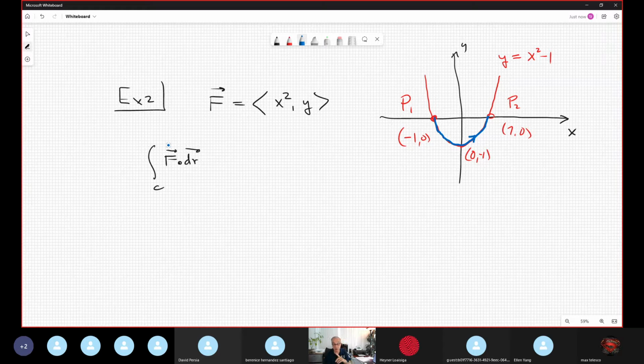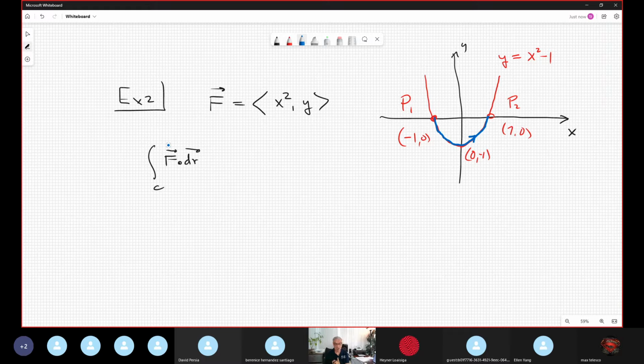If you do it in the opposite direction, it's the same value but opposite sign. Suppose that when I finish this, the answer is positive. If you change the orientation, I guarantee you the answer is negative.